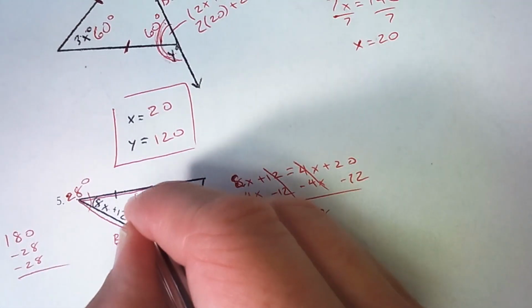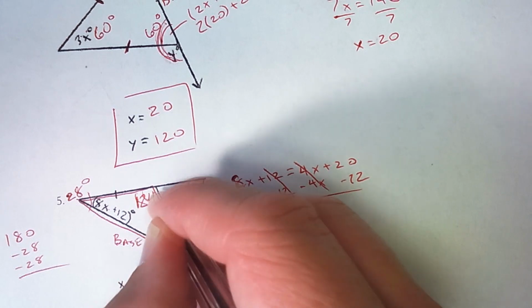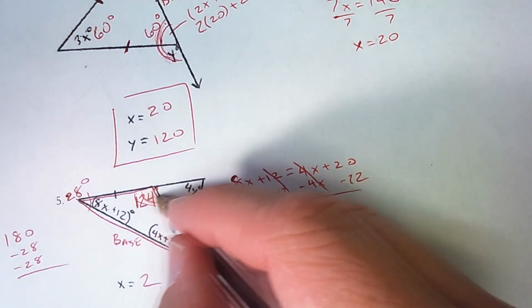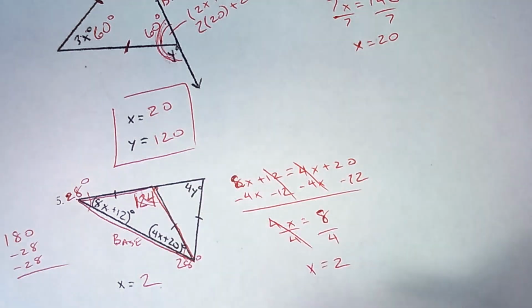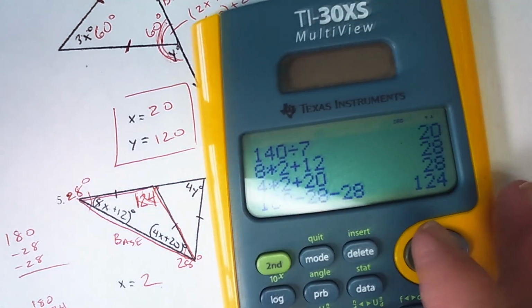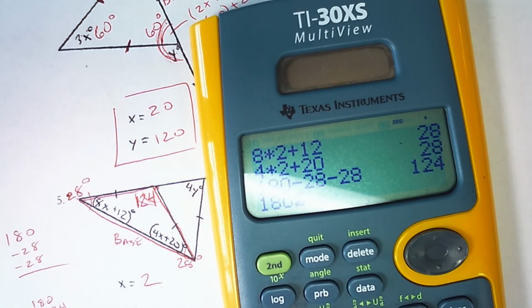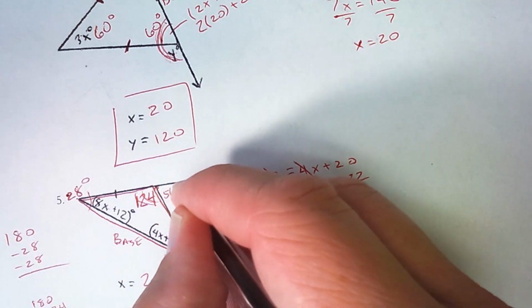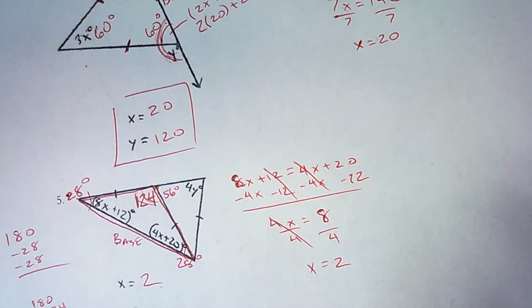So this angle right here is 124 degrees. Now these two are a linear pair. So 180 minus 124 is 56. So this angle is 56 degrees.